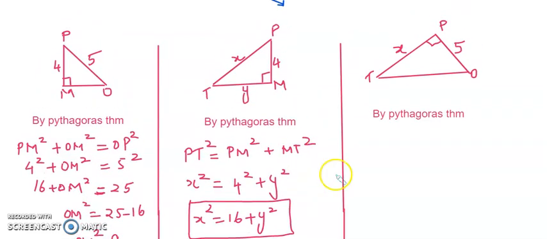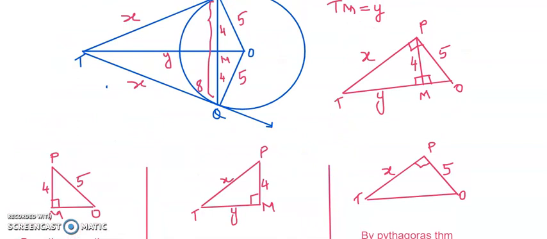Now if we go back to the main triangle, TO is TM plus MO, right? TM is Y, MO we just got 3. So I'm writing TO as Y plus 3.